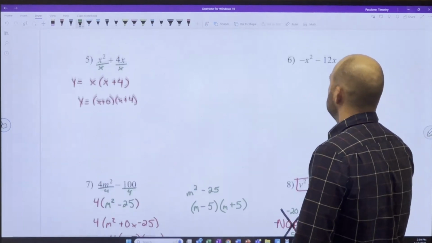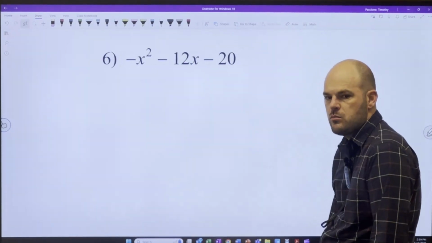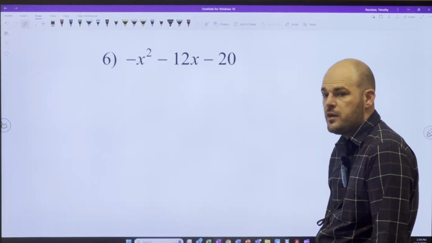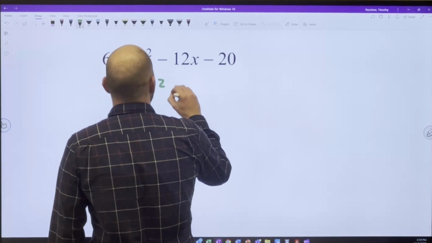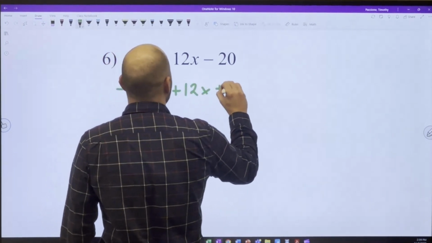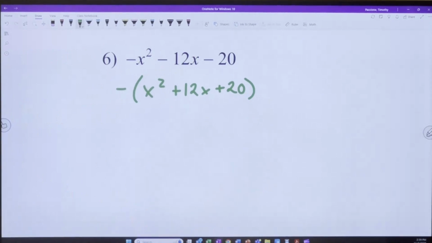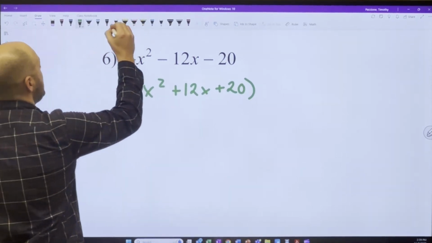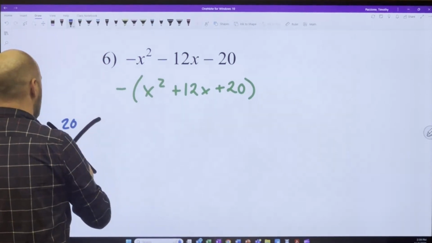6. All right, so what's my GCF here? What goes into everything? -1. So I pull out a -1, and I get x squared plus 12x plus 20. Now I have that magic xable situation because a is +1. So that's 20 and 12.